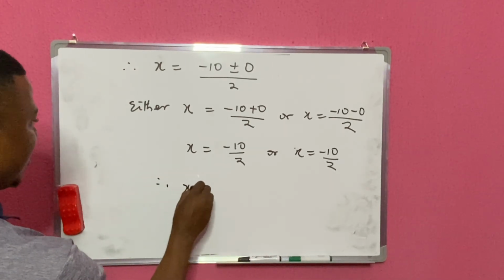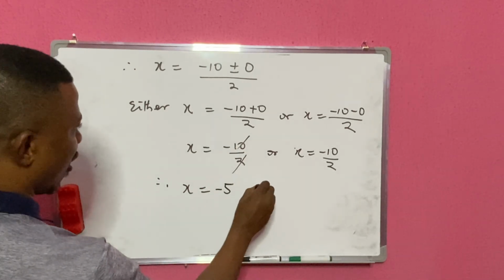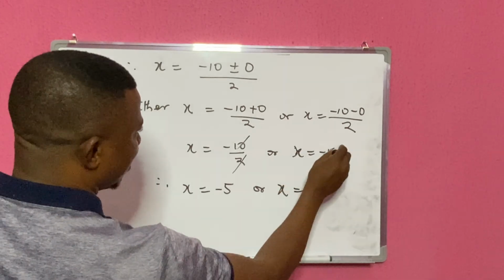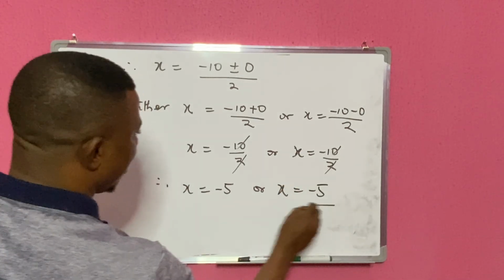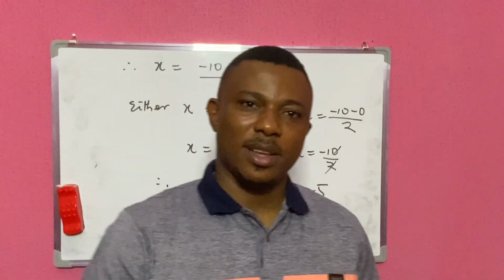Therefore, x is equal to minus 5, or x is equal to minus 5. That is your answer. So x is minus 5 or minus 5.